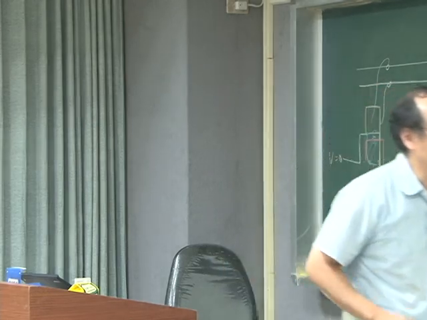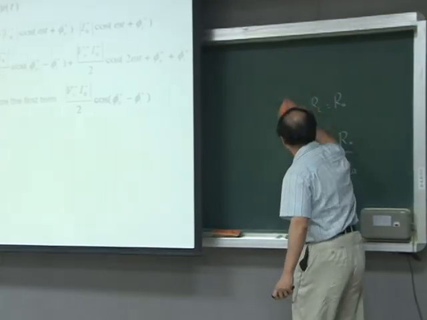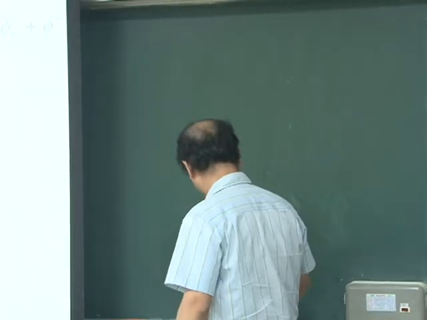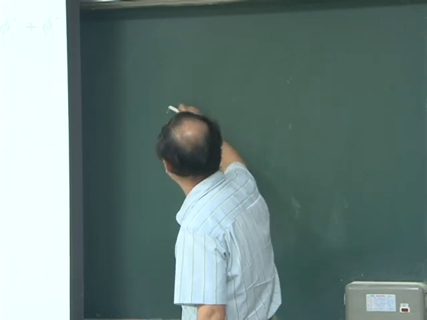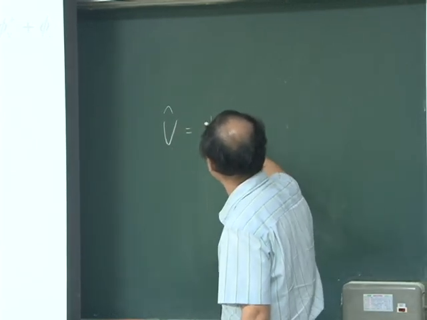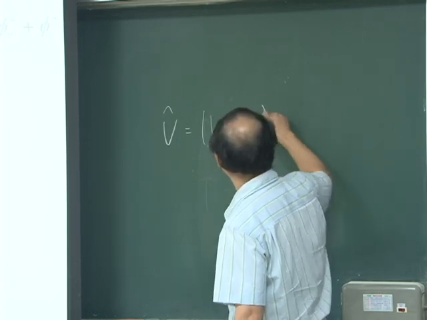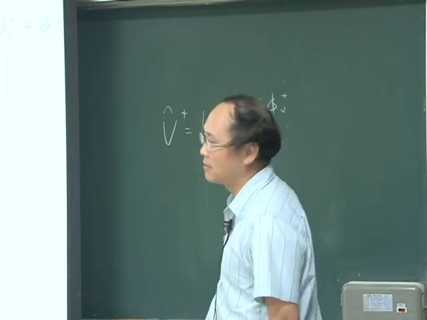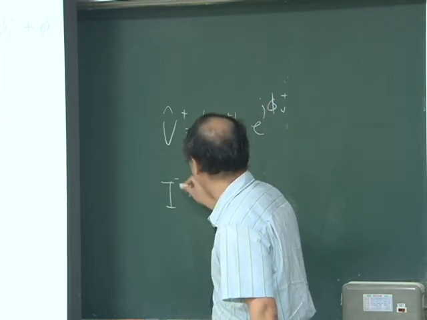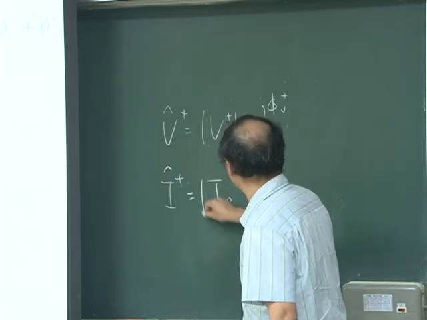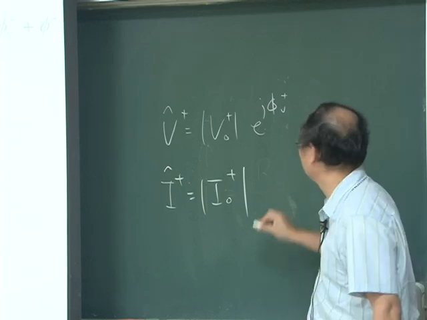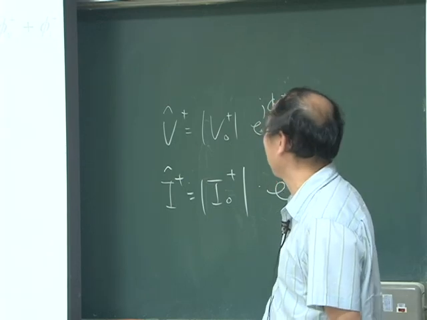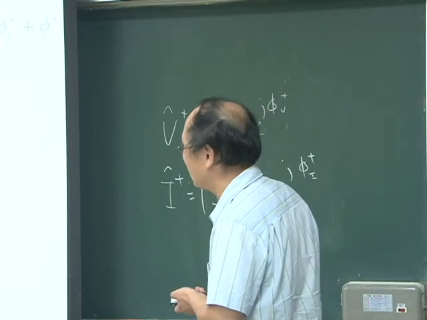OK, let me go through this very quickly for you. OK. So this voltage phasor is going to be equal to the voltage magnitude V naught plus, exponential j phi v plus, right? The current is equal to the magnitude of it multiplied with exponential j phi I plus. And then now let me follow this expression.